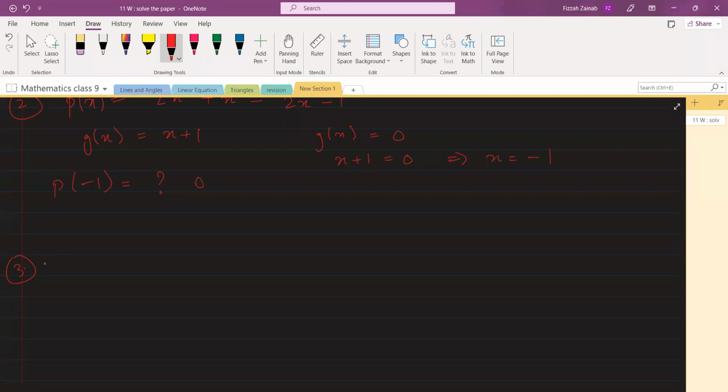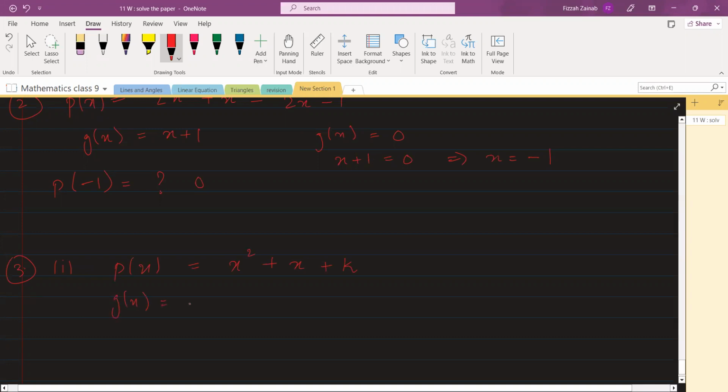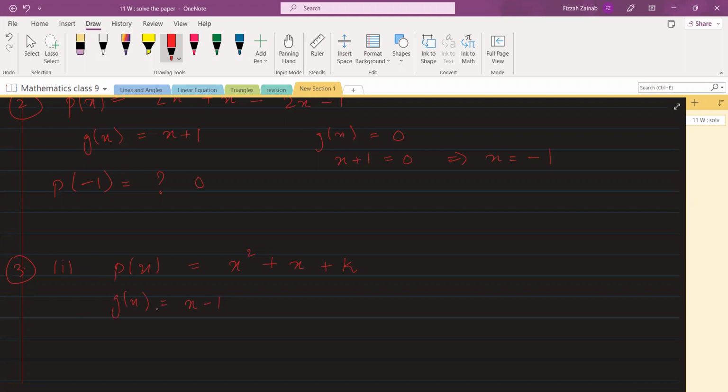Okay. So first part, p(x) is x square plus x plus k. This is your p(x), and your g(x) is x minus 1. Is it clear? Yes, g(x) is already a factor.